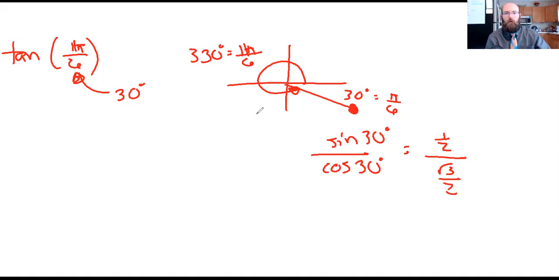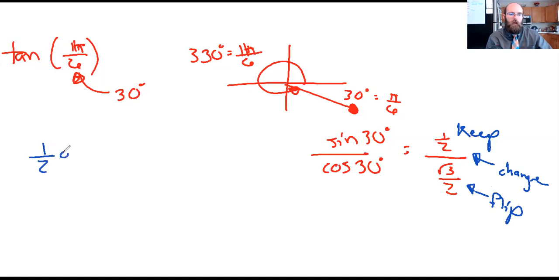So we're going to do what my students like to refer to as keep, change, flip. So I keep the top the same. I change my symbol in the middle, and then I flip, or I use the reciprocal of my denominator. So I keep the numerator the same, change my division to multiplication, and I use the reciprocal of my denominator.